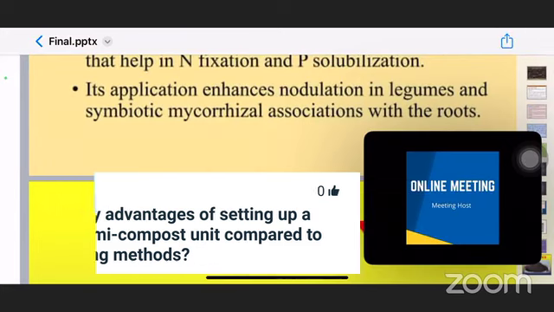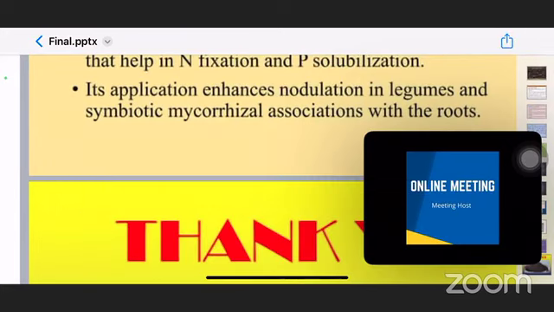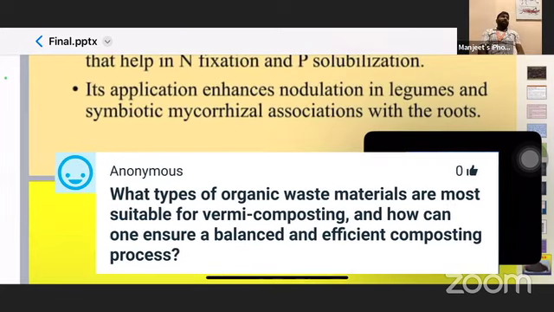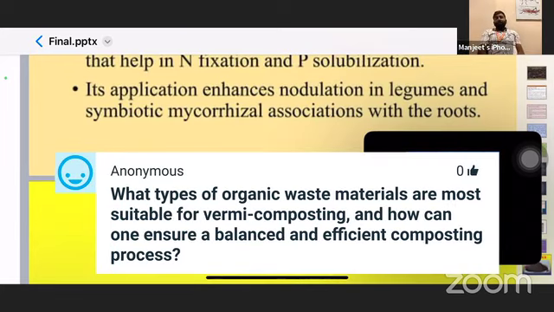Next question: what types of organic waste materials are most suitable for vermicomposting and how can one ensure a balanced and efficient composting process? The major raw material in vermicompost is cow dung.